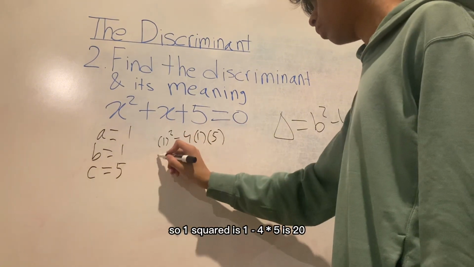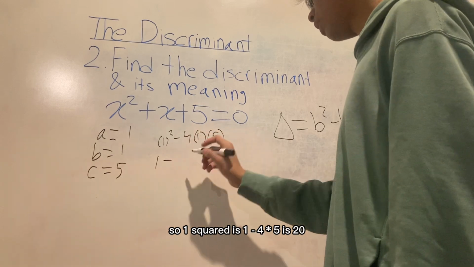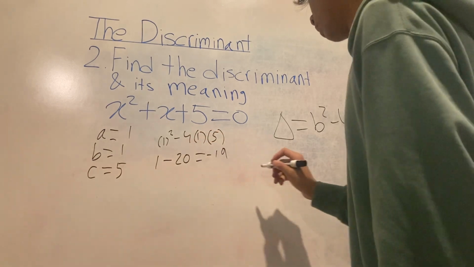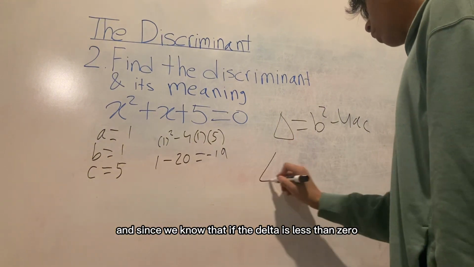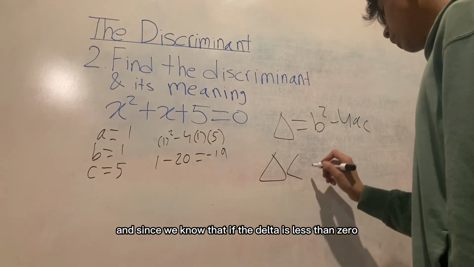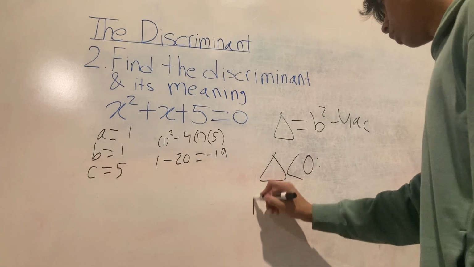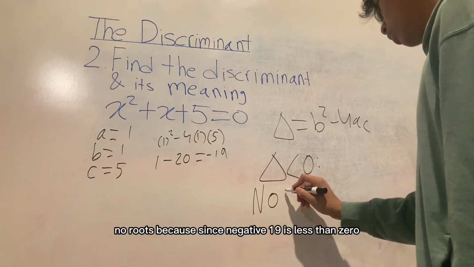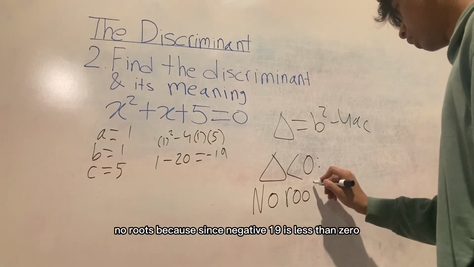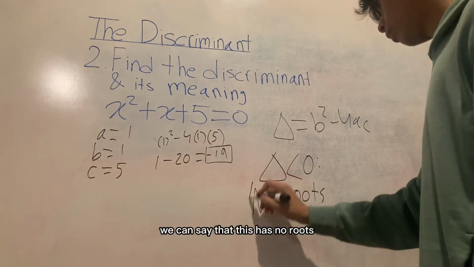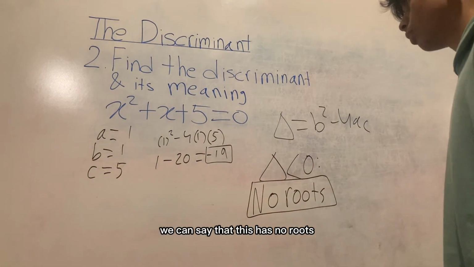So 1 squared is 1, minus 4 times 5 is 20, so 1 minus 20 is negative 19. Since the delta is less than 0, this has no roots.